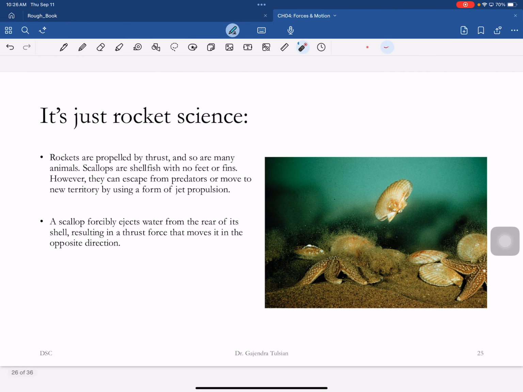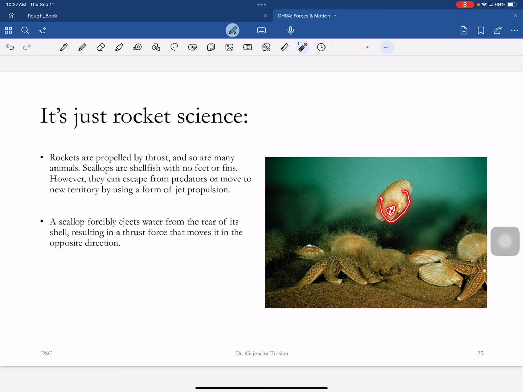Now the animal world uses this. Scallops have no fins or anything. If they have to run away, or go to a new location to find food, what do they do? They use water propulsion. They turn on their rocket engines.